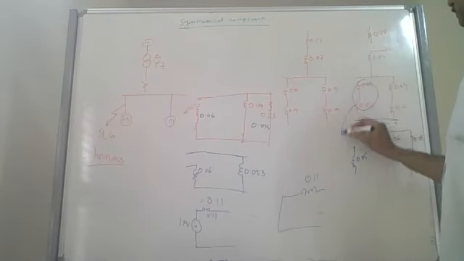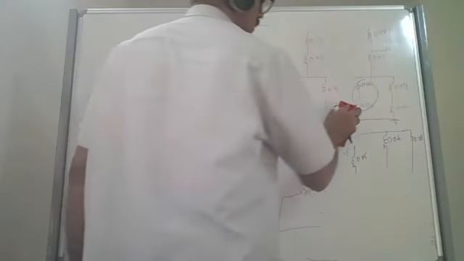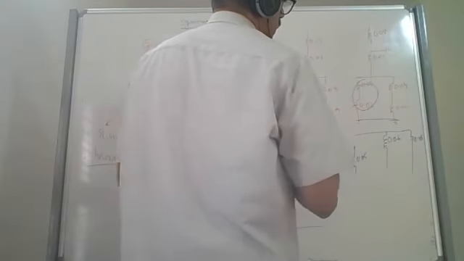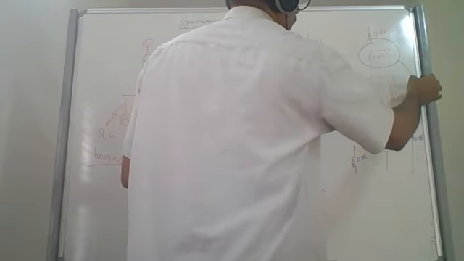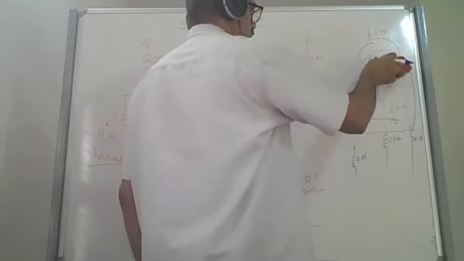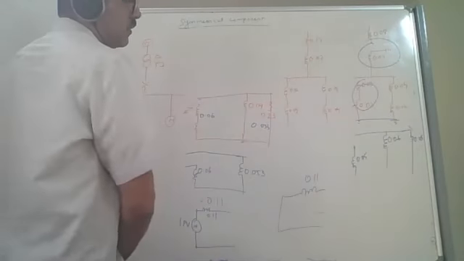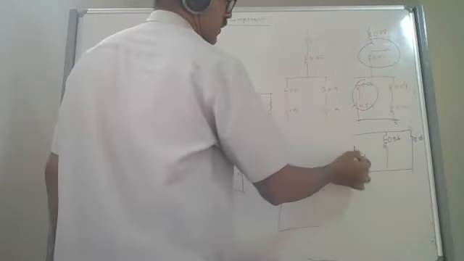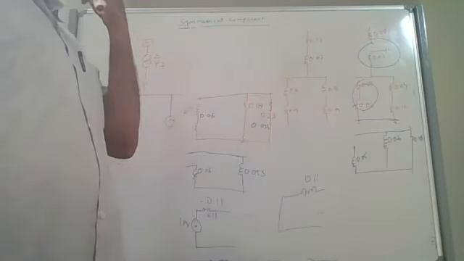This one is coming here, and this part is coming here. Now if I do the network, what is 0.06 parallel with 0.05?